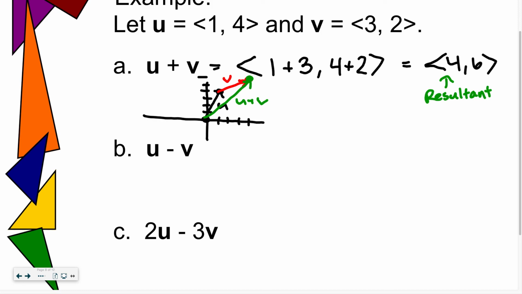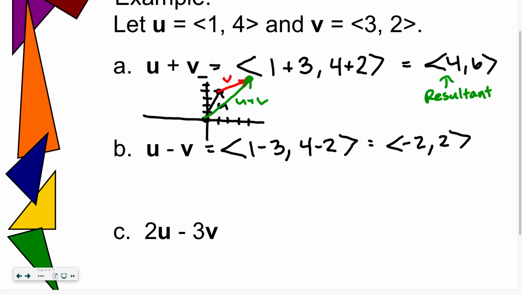Careful with your signs and just simple addition and subtraction. If you want to show work, you're doing 1 minus 3 and 4 minus 2, so you should get a negative 2, 2 for subtraction.